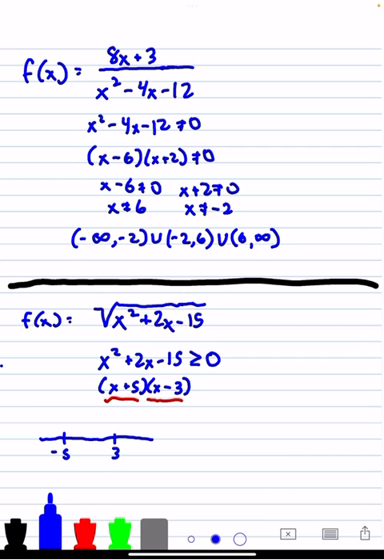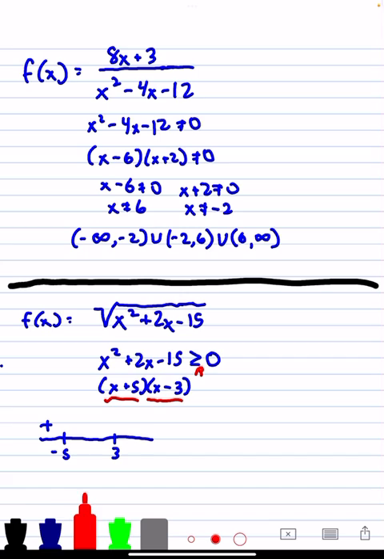Let's choose any number less than negative 5 and plug it in. Just say negative 7. Negative 7 plus 5 would be negative 2. Negative 7 minus 3 would be negative 10. Negative and negative would make that positive. That's fine because here we knew that it had to be greater than or equal to 0.